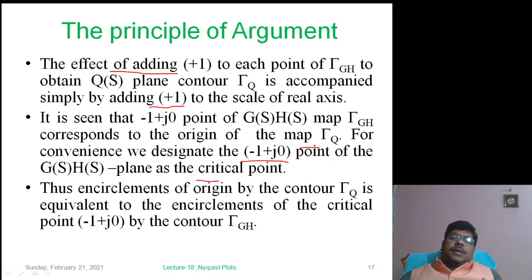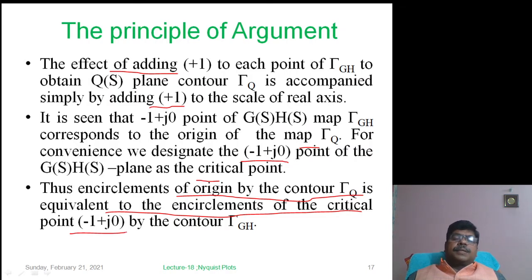Even with the help of the G(s)H(s) map we can get information about system stability, which we will see with the help of an example. The encirclement of the origin by contour Q is equivalent to the encirclement of the critical point minus 1 plus j0, because it has shifted by the contour GH.